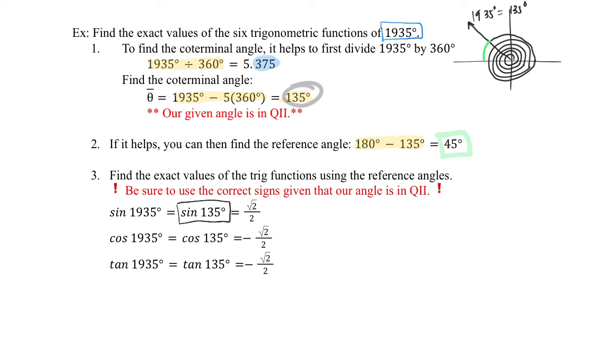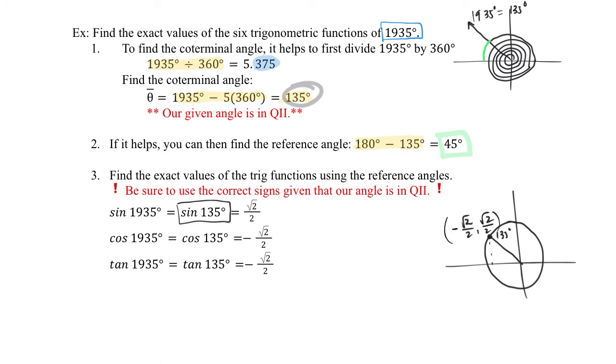Just pull out your unit circle, and here at 135, that has an x and a y, both at root 2 over 2, but my x is negative and my y is positive.